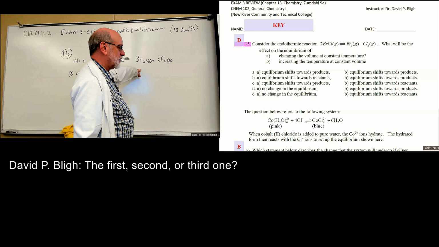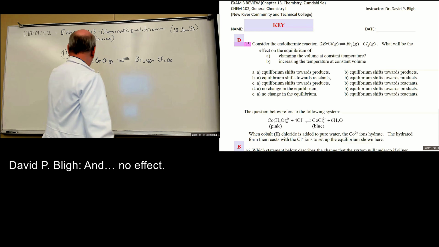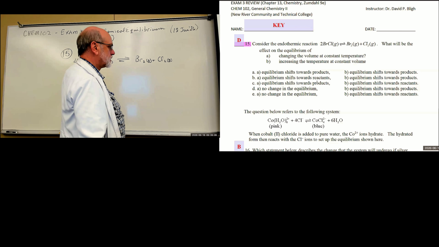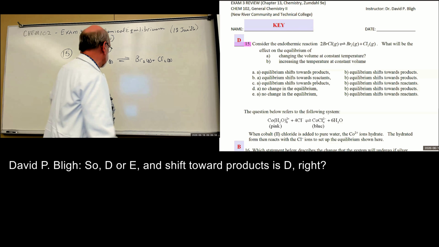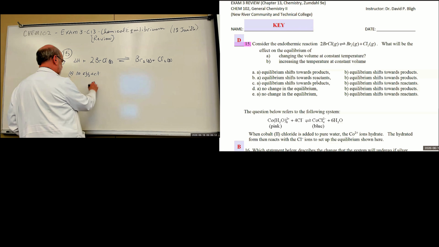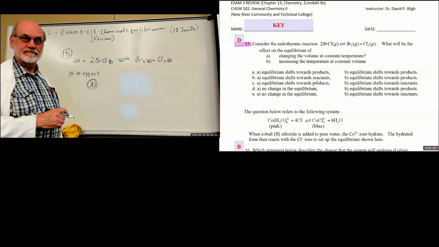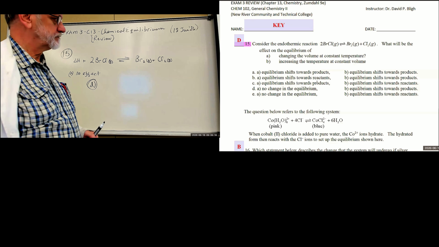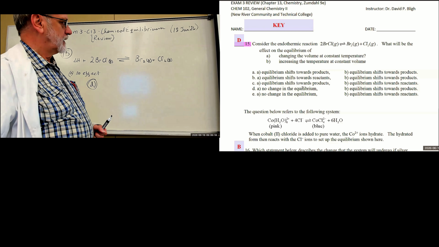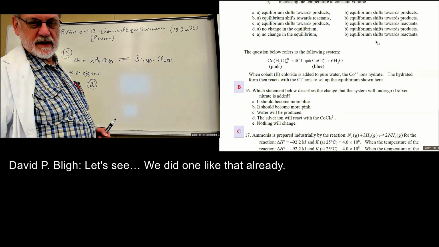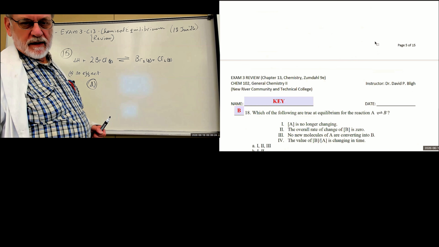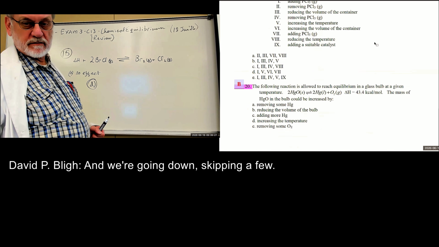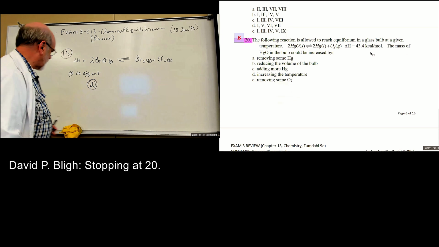That would be the first, second, or third one. And no effect. So D or E, and shift toward products is D, right? That gets both of them. Let's see. We did one like that already. And we're going down, skipping a few, stopping at 20.